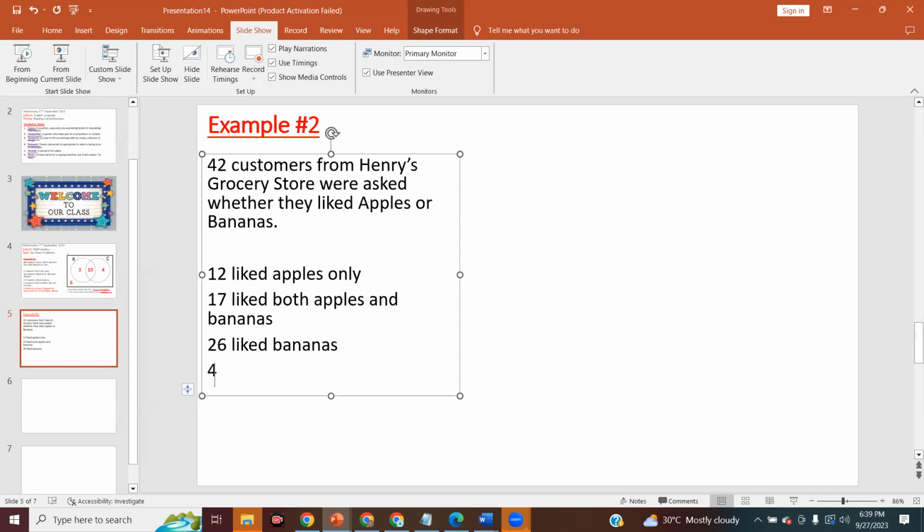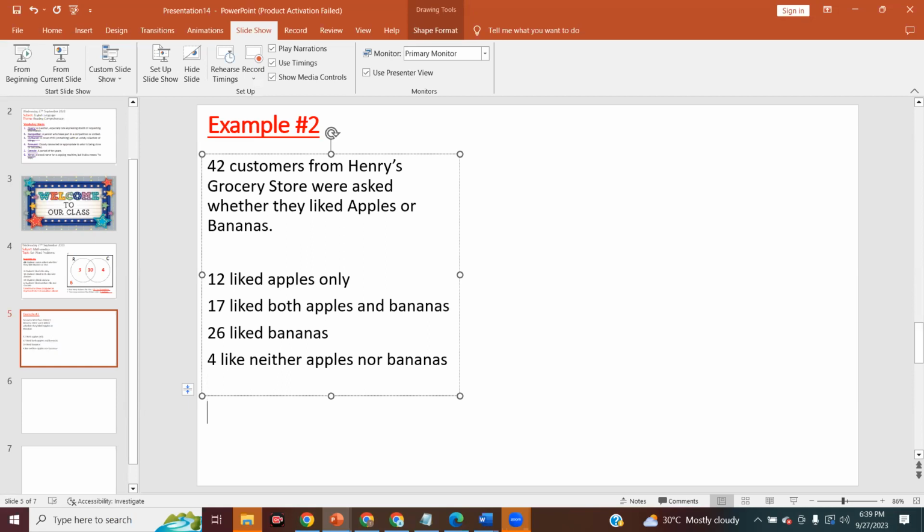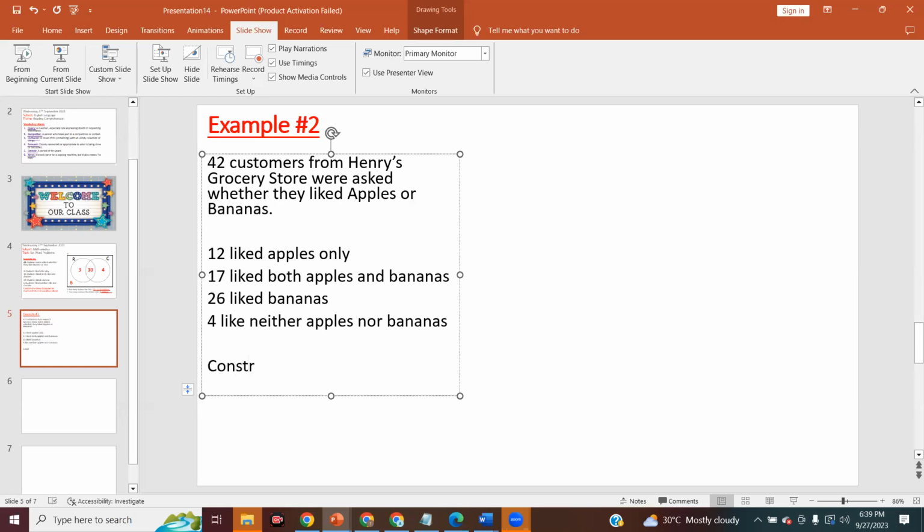And 4 liked neither apples nor bananas. So you want to construct a Venn diagram to represent this information. Lana, you got it?